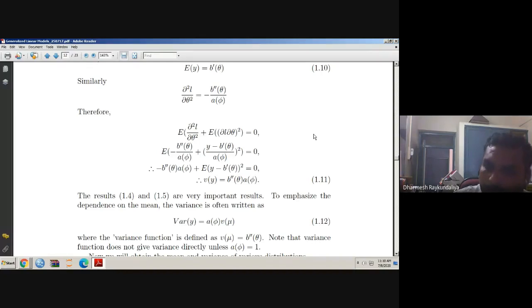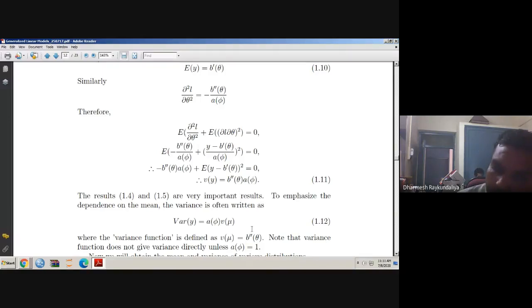Because b double dash theta is a function of mu, I will write it in the form of a variance function, it is known as v mu, it is known as the variance function. So variance of y is equal to a phi into v mu. So it is the variance function multiplied by the function of a scale parameter. So variance of y is a function of the variance function, and the variance function is denoted as v mu, and that is nothing but the b double dash theta.